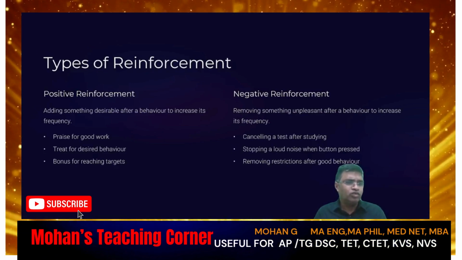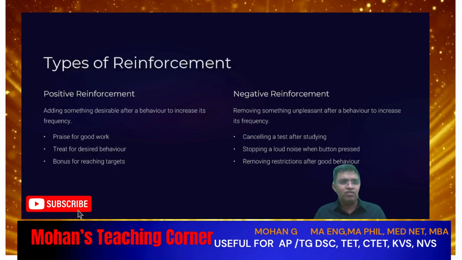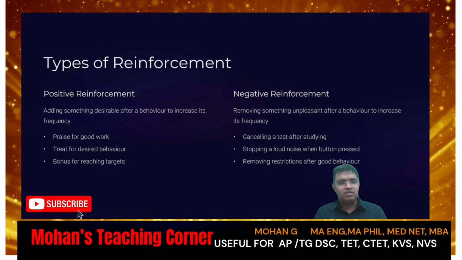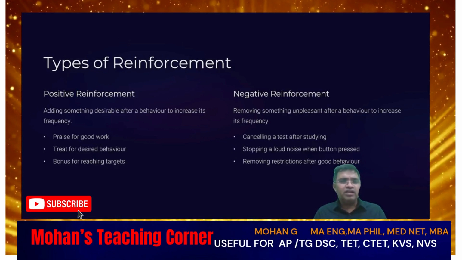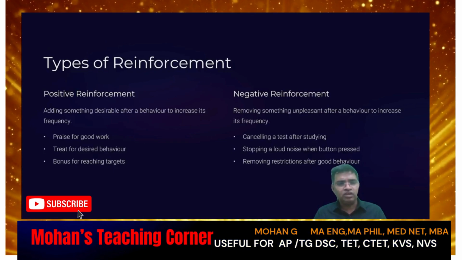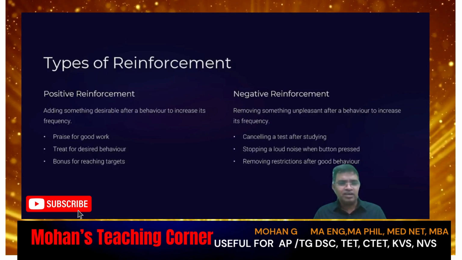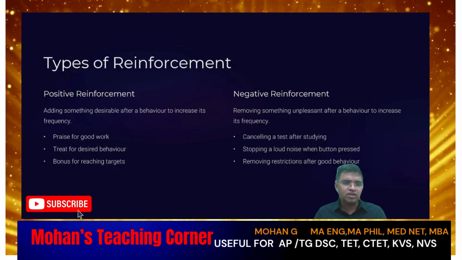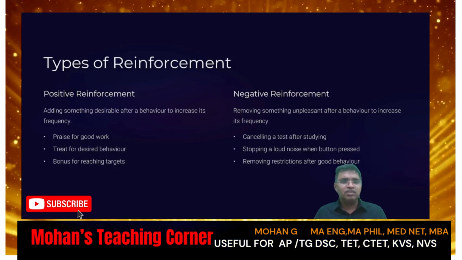We use such words. Treat desired behavior: if somebody is excellent, treat them in a good manner so the reinforcement works. Bonus for reaching targets: if somebody has done well, give rewards so that they will be happy.